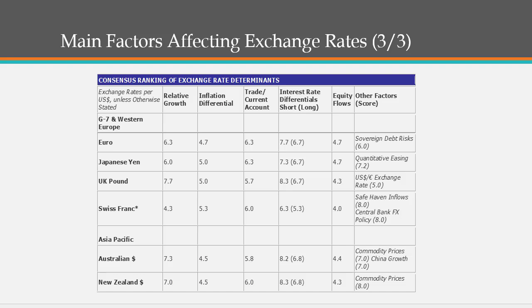New Zealand, the most important thing, of course, is the interest rate differentials, but it is also commodity prices. You might ask, how come commodity prices is the most important factor when it comes to the New Zealand dollar? Because the main engine in the economy of New Zealand is milk.